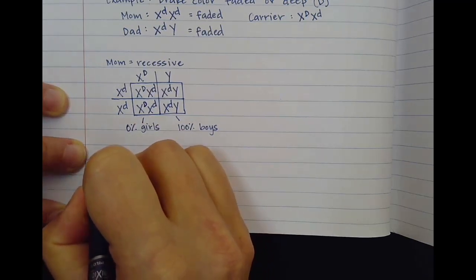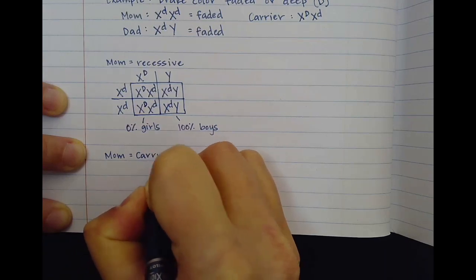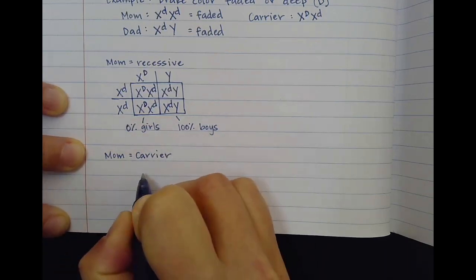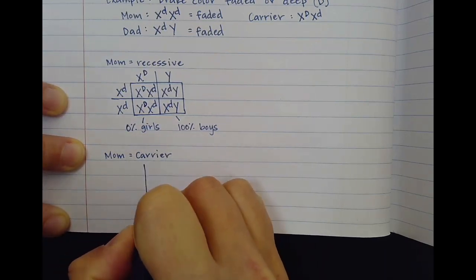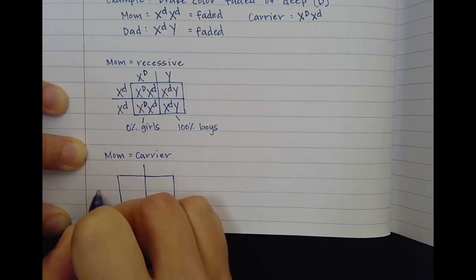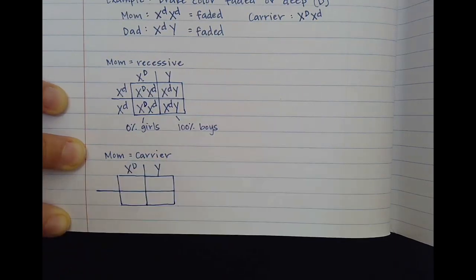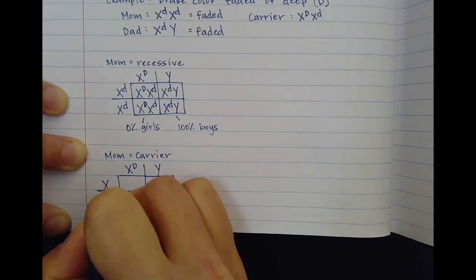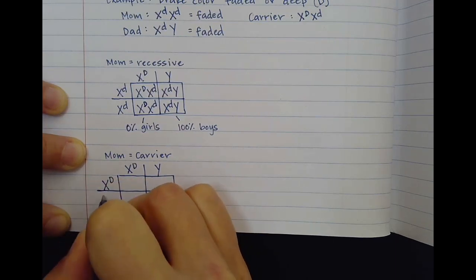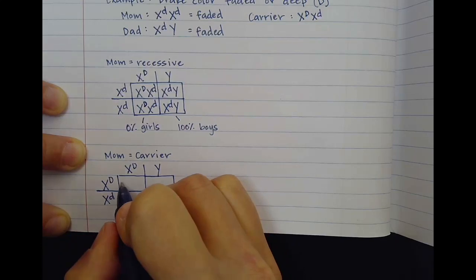So now we're going to say mom is a carrier. So same Punnett square setup. Dad still does not have the trait. And now mom is a carrier. So she does not have it on 1 and she has the recessive allele on the other chromosome.